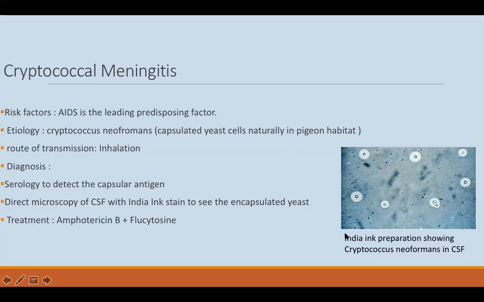Here's a picture in India ink preparation that shows the Cryptococcus neoformans in the CSF. هذا the white thing is the capsule. Treatment is amphotericin B or flucytosine, however you pronounce it. Okay, واضح الفنجاي؟ طيب.